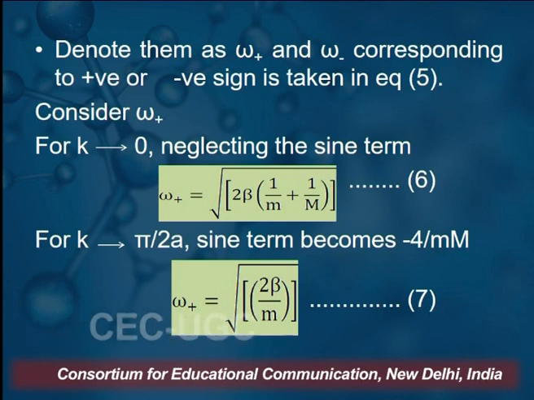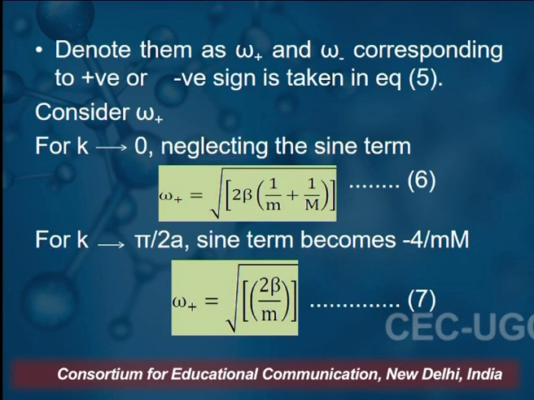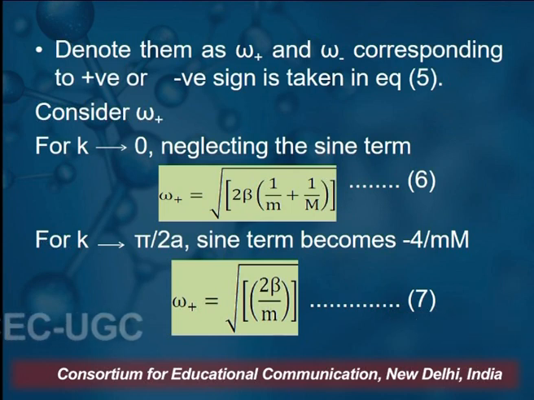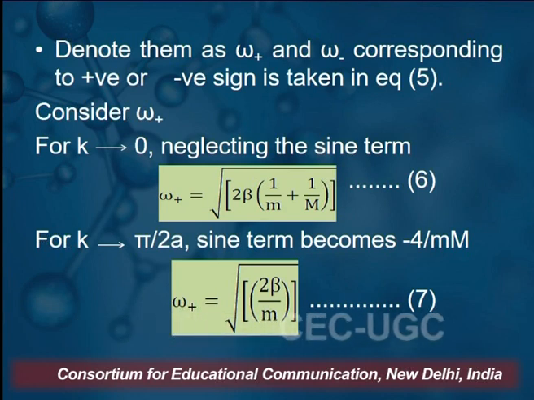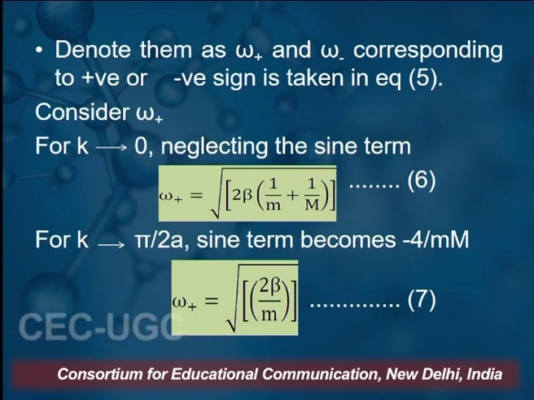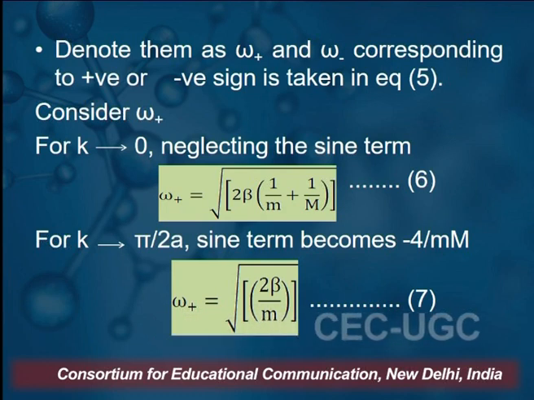Now, for the limit k tending to pi by 2a, the sine term will be relevant, and that will be equal to minus 4 by mM, by expanding the sine and taking the first term. Then omega plus will take the form under root of 2 beta by small m.